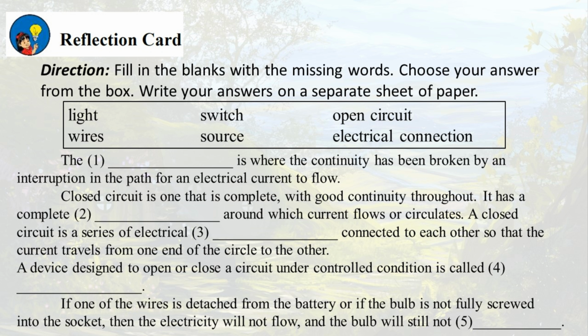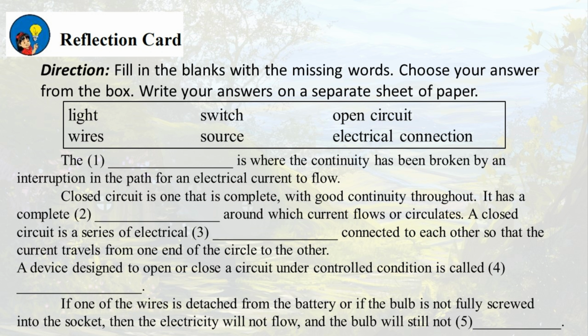Closed circuit is one that is complete, with good continuity throughout. It has a complete blank 2 around which current flows or circulates. A closed circuit is a series of electrical blank 3 connected to each other so that the current travels from one end of the circle to the other.